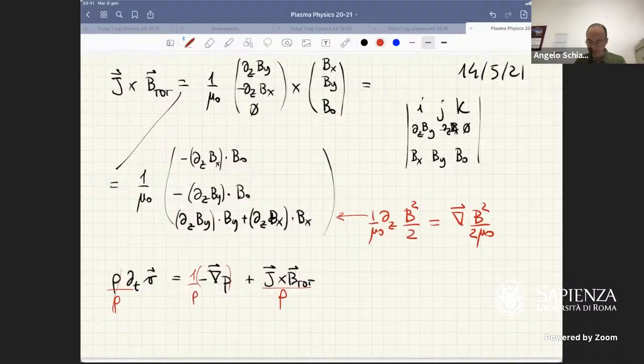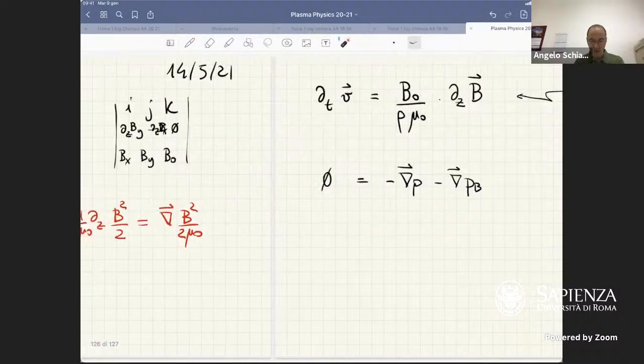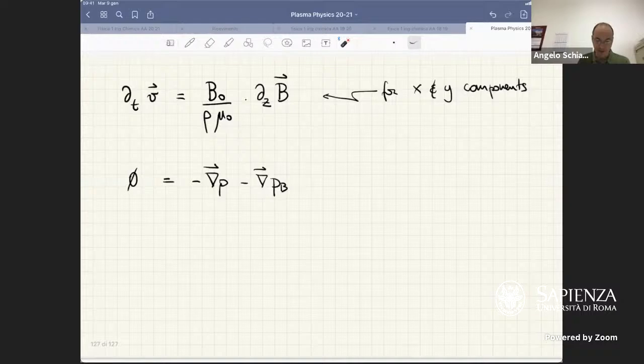Remembering that the gradient is only the Z component, so this is actually the gradient of the pressure. So we see that the two gradients have to be in opposite direction, and this is stating that we are in pressure balance.